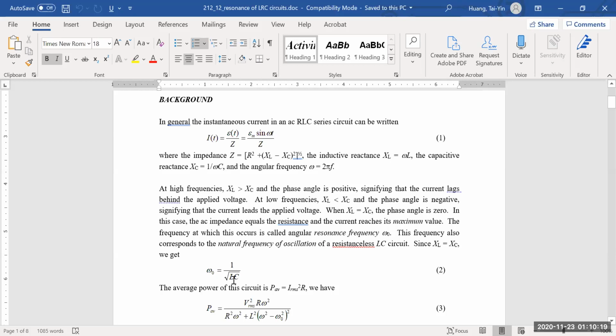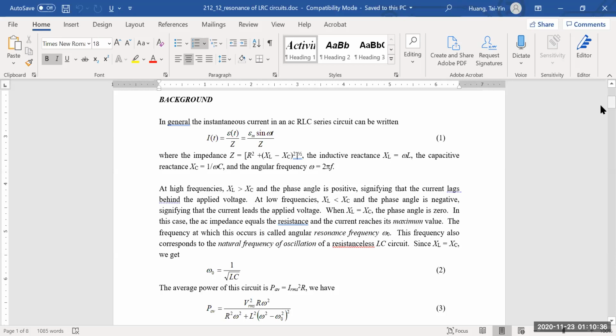So we can see that the natural resonance frequency does not depend on voltage or current. It only depends on the magnitude of the inductance and the capacitance of the capacitor.